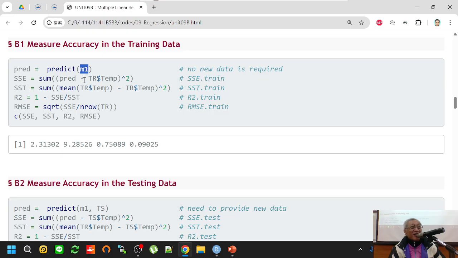So if you simply call predict with the model, then you will return the estimated value of the training data. But this prediction is different from the actual value. This is the actual value, in this column.